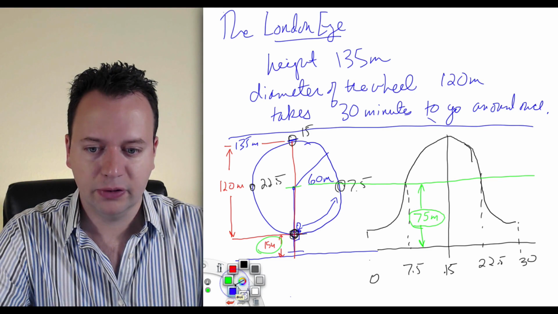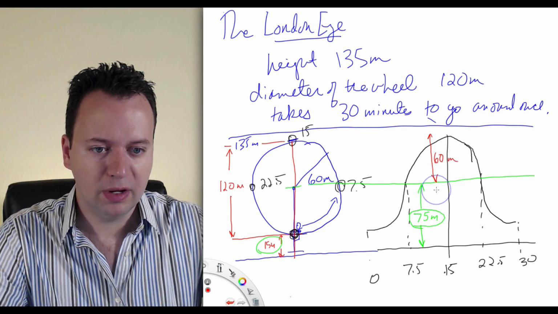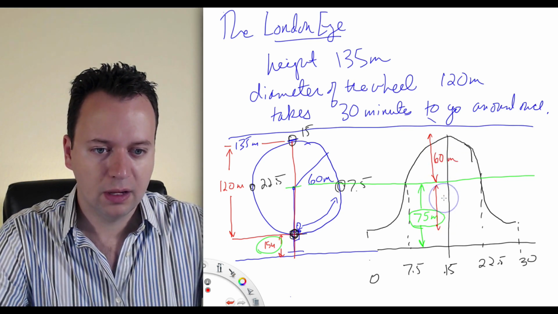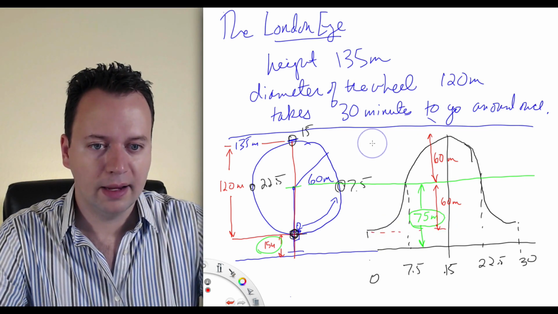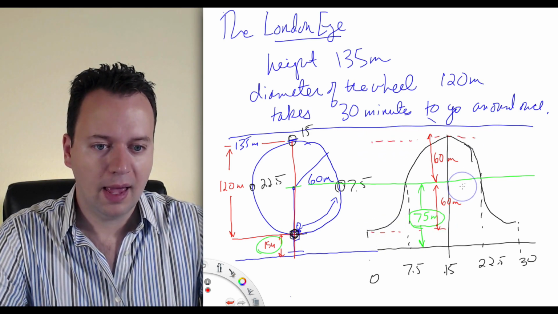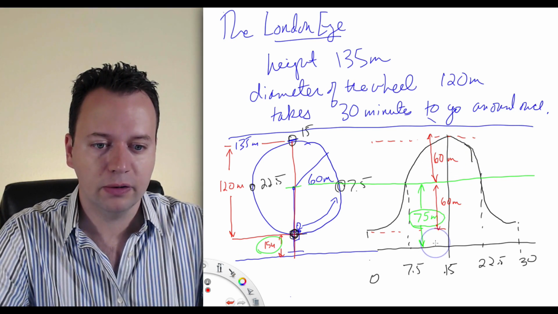And then the amplitude is going to be 60 meters. So the amplitude measures the distance from the midline to the peaks. So the amplitude will be exactly 60 meters and the midline will be 75 meters.